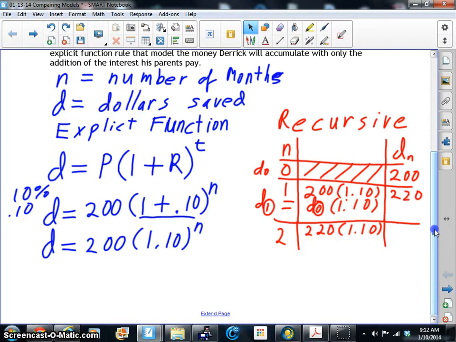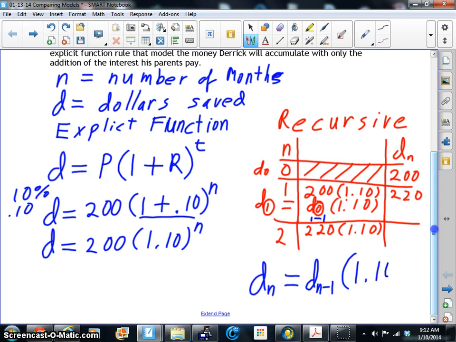To write this out, D sub n is equal to D sub n minus 1 times 1.10. Right now you don't see the good things about this.